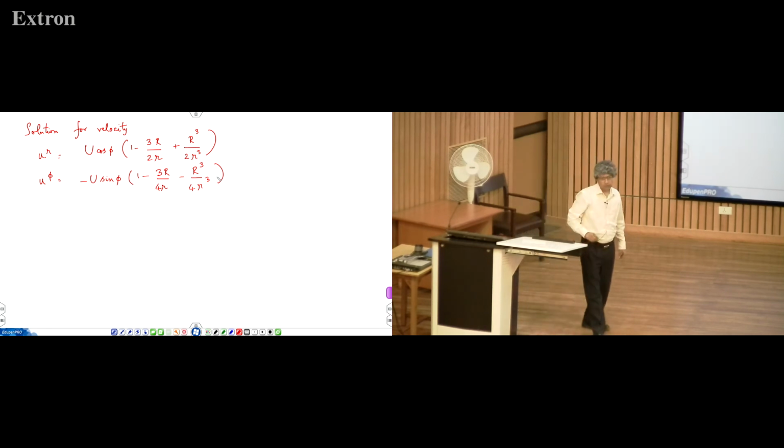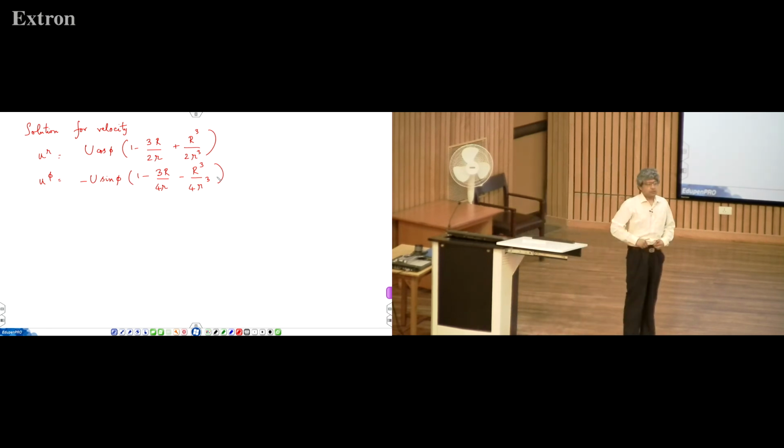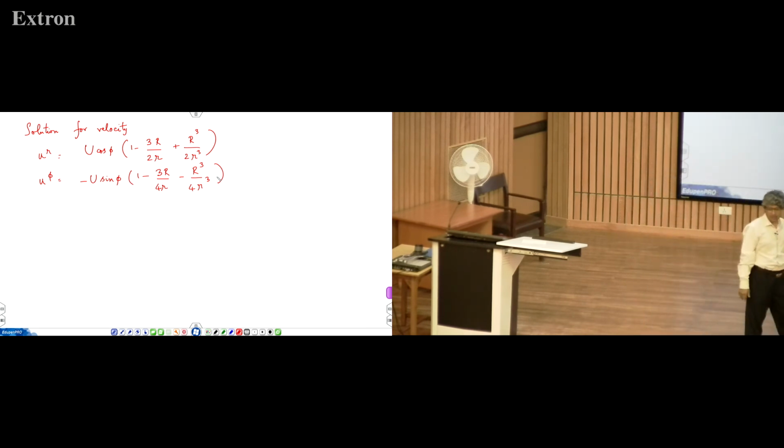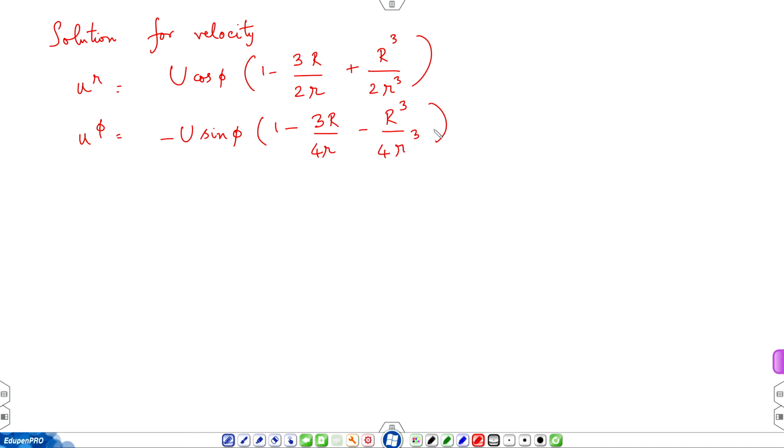When somebody gives you a solution, you can check it very quickly by seeing if boundary conditions are satisfied. What are the boundary conditions here? On the surface of the sphere, r equal to capital R, no slip, velocity components will be 0. And away from the sphere, as small r approaches infinity, the velocity components will become consistent with the uniform flow field over there.